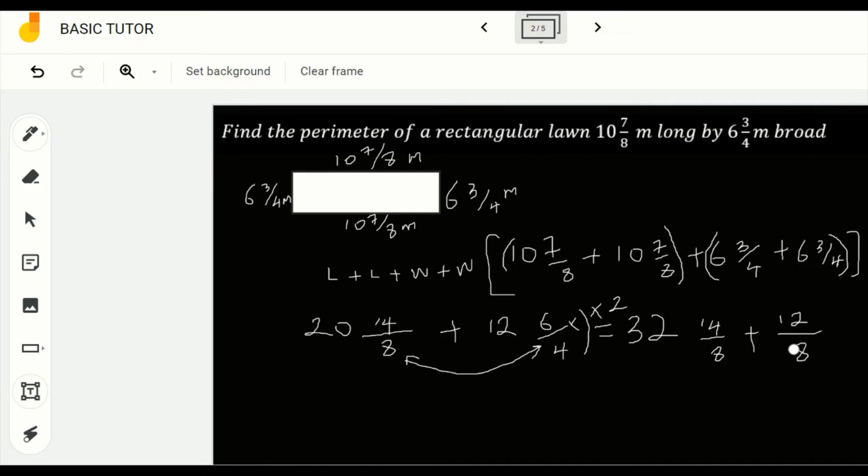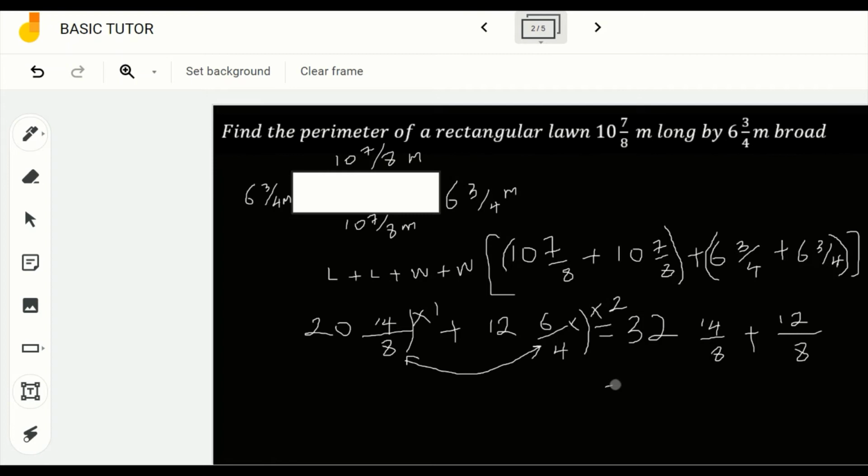What I did here is that I want to ensure that I have the same denominator on both fractions. So I multiply this by 1 and I multiply this by 2 to give me 8 at the bottom. So now I can easily add these fractions.